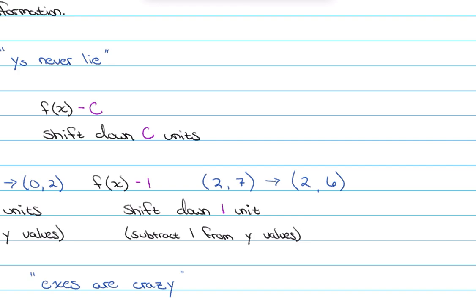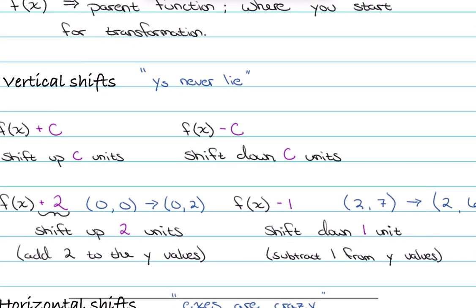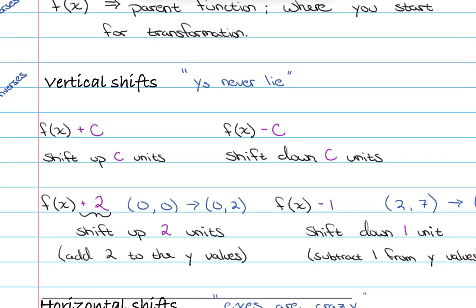We are only shifting our y values down 1. That is your explanation of vertical shifts, shifting up and shifting down. Again, I'm just going over the basics in this video. I will do specific examples of different parent functions in another video, so stay tuned for those, okay?